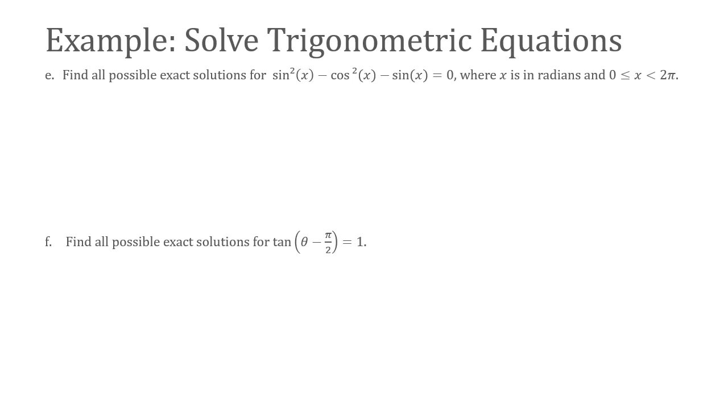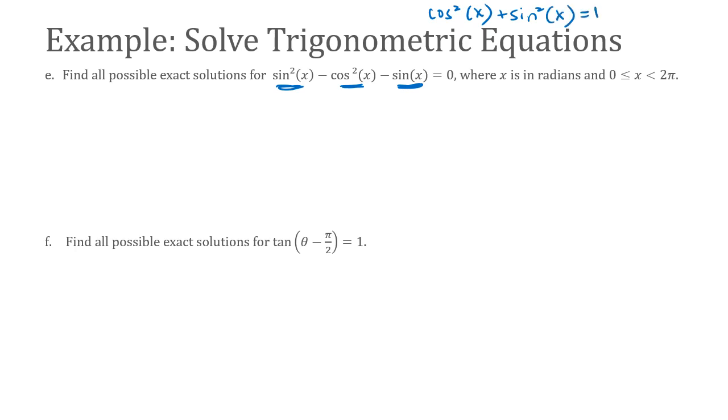In this case, we have a sine squared x and we have a sine of x, but then thrown in is this cosine squared x. What makes trig functions nice is that there's a way to rewrite sine squared x or cosine squared x in terms of the other, and that comes from the Pythagorean identity. Let me remind you that cosine squared x plus sine squared x is equal to 1.